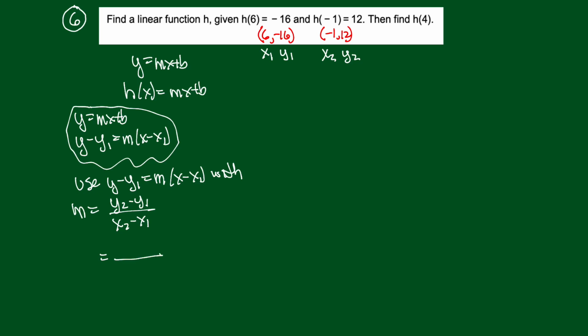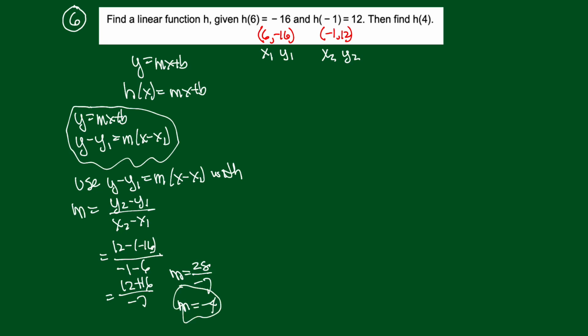So second y minus first y: the second y is 12 minus the first y, so 12 minus -16, over the second x. Up here, the second x is -1, first x is 6, so this is going to be -1 minus 6. So we are going to get 12 plus 16 all over -7. So the slope is 28 over -7. Oh, nice. This happens to be -4.